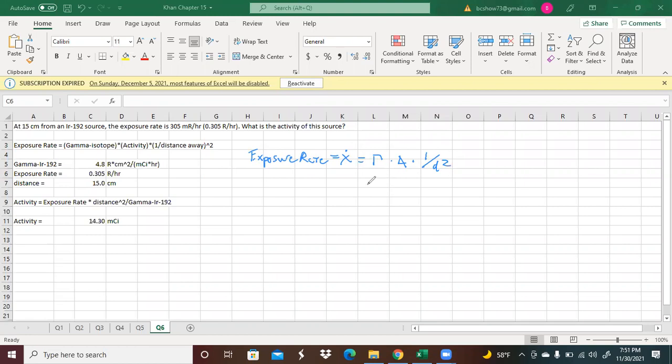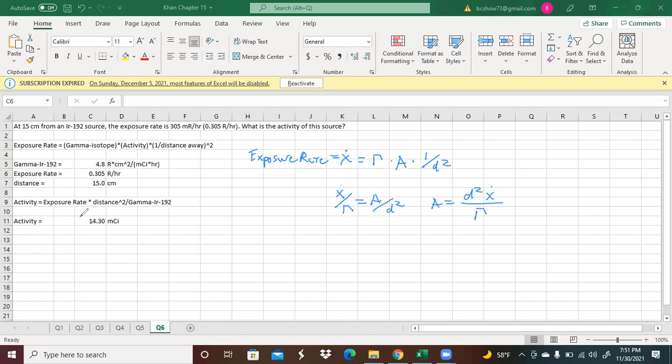Now, if you want just the activity, you're going to move these variables over to the other side. If you divide both sides by gamma, and then multiply both sides by d squared, you end up with the activity equal to d squared times the exposure rate over the gamma.